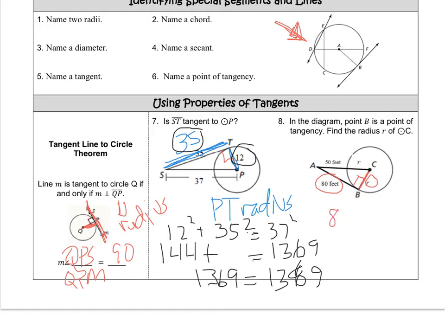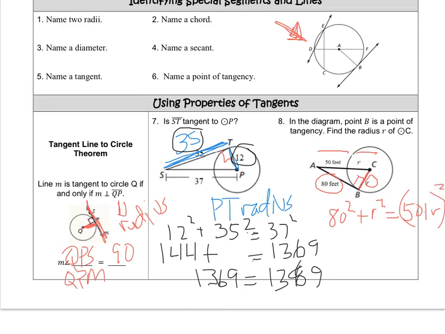So wouldn't I have 80 squared plus R squared equals the hypotenuse squared, which is from here to the edge of the circle, and then that radius. If I knew what R was, wouldn't I add it to 50, and that'd be my hypotenuse? So I have 50 plus R squared.